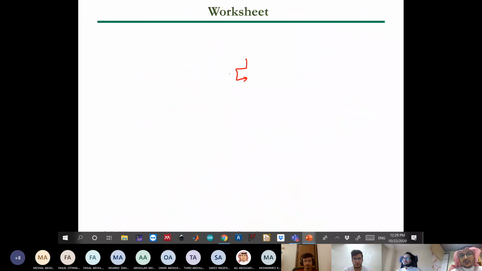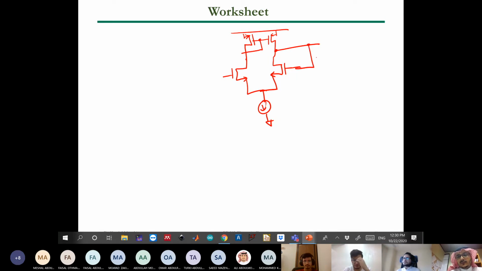So if someone gives you this circuit, and of course this is an NMOS differential amplifier, and asks what is the feedback here? Let me call this one V input.